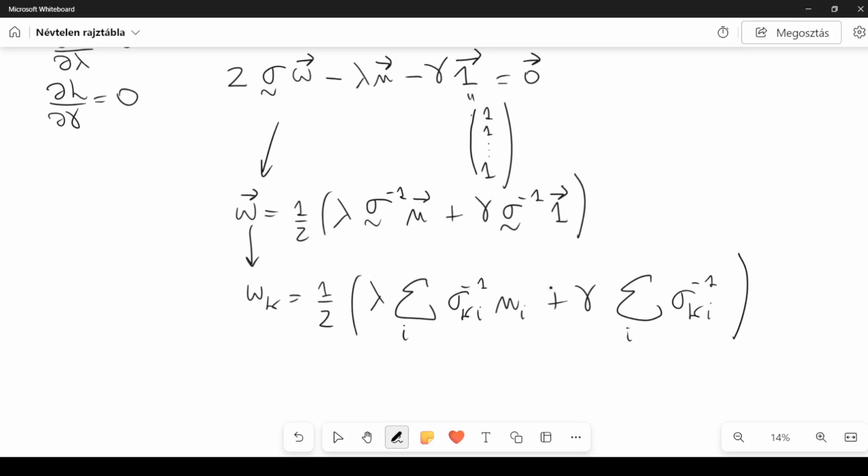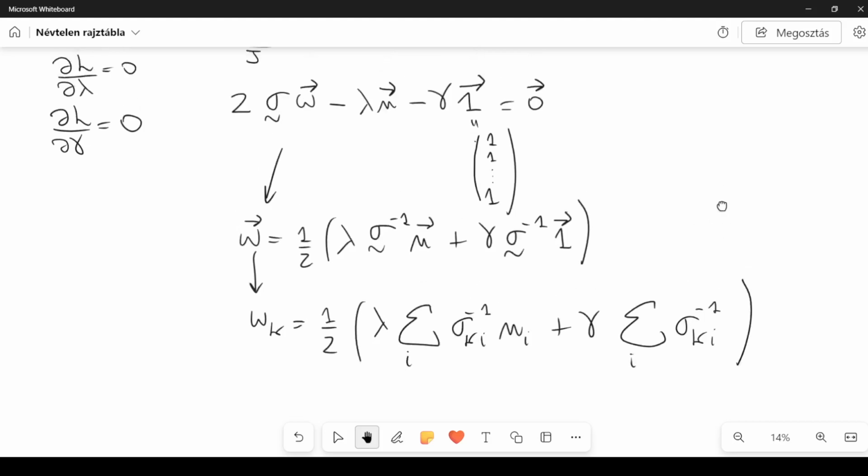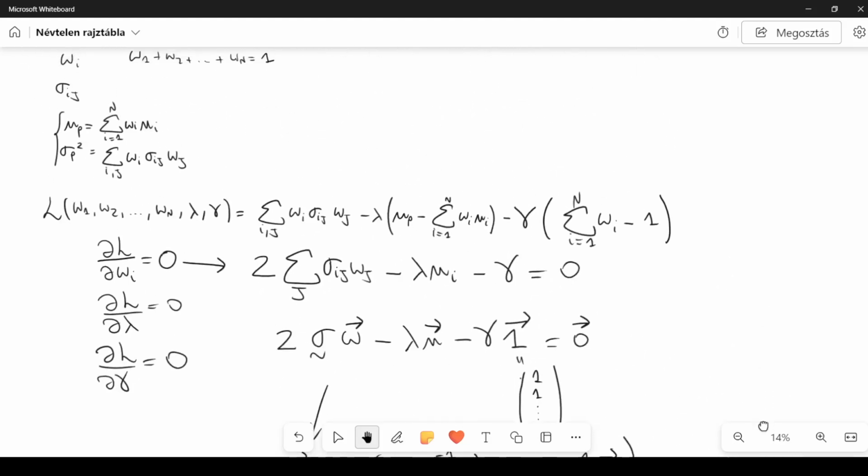I mean, it depends on lambda and on gamma, and they are not really known. So how do we find lambda and gamma? Well, the idea is to use the constraints, basically these two equations, so this one and this one.